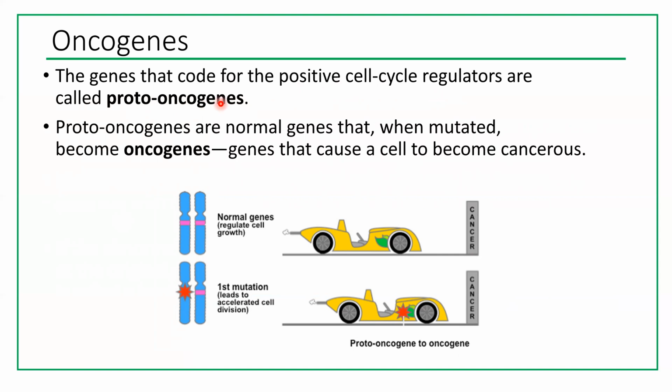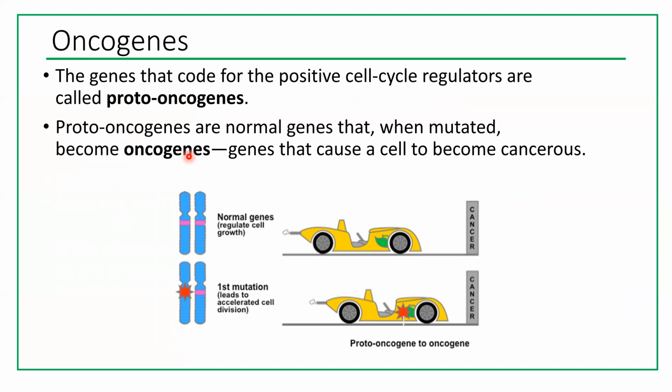Your cells need to divide. So you have this special proto-oncogenes, and these genes allow your cells to divide, right? Your cells represented by a car over here, right? Now, proto-oncogenes are normal genes, but when they are mutated, they become oncogenes.